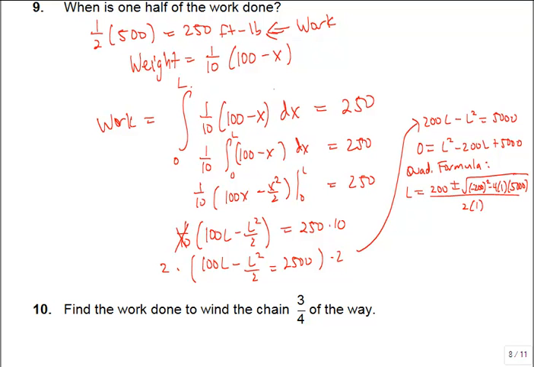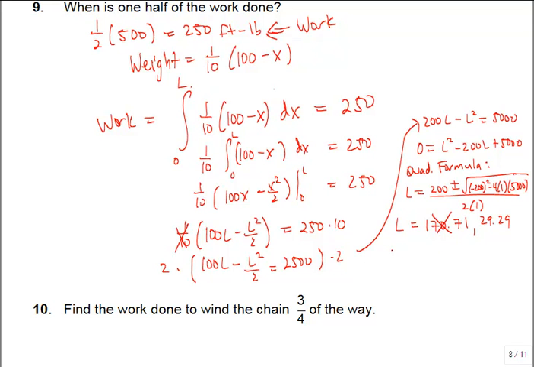And then you can use your calculator for that. You're going to get two solutions. One of the solutions is 170.71 and the other solution is 29.29. So which one is the answer? Well, it can't be the 170.71 because we only have 100 feet of chain. So this is too large.